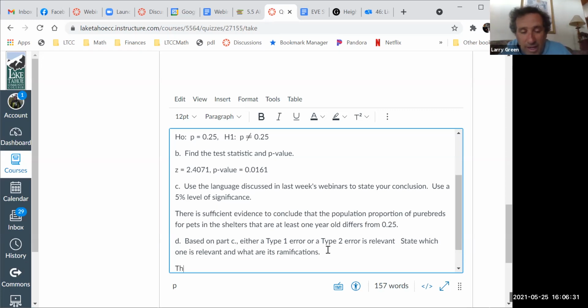So the type 1 error is relevant since we had sufficient evidence. All right, so now what are the ramifications of type 1 error?